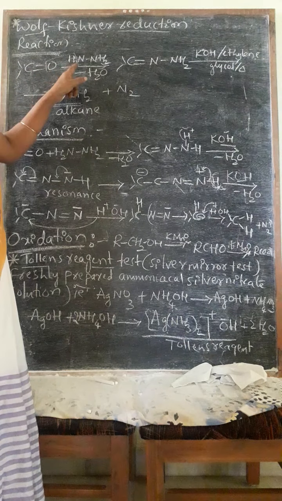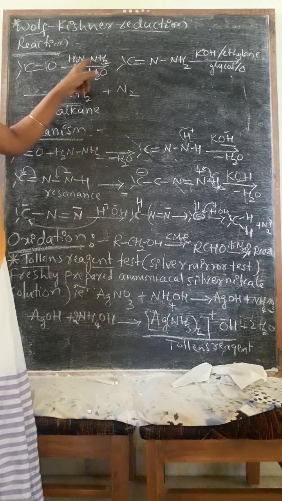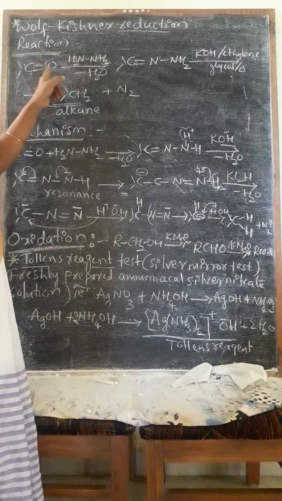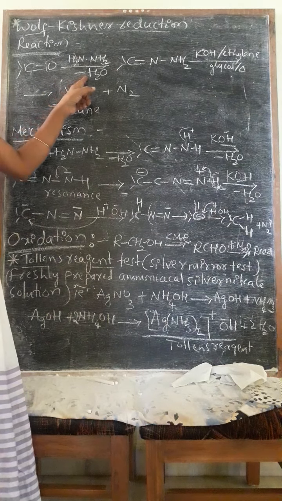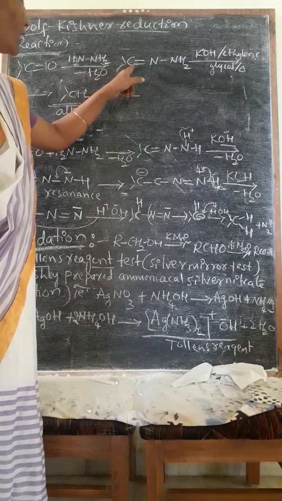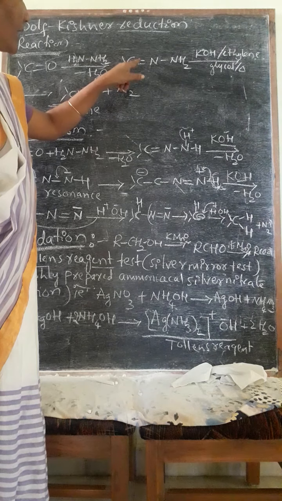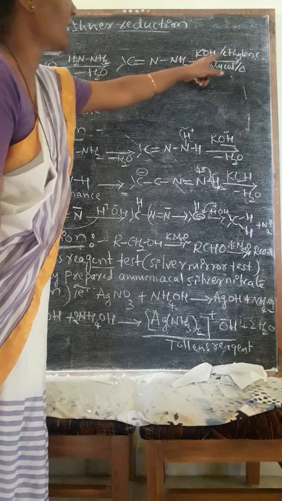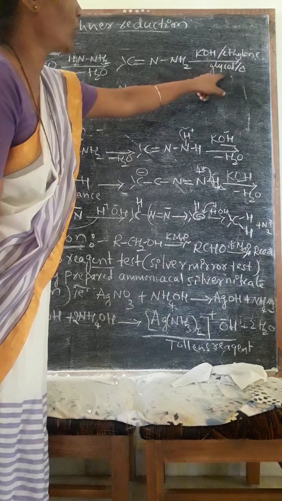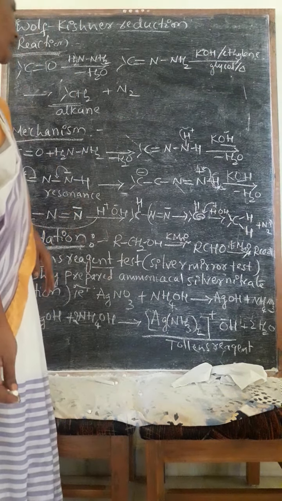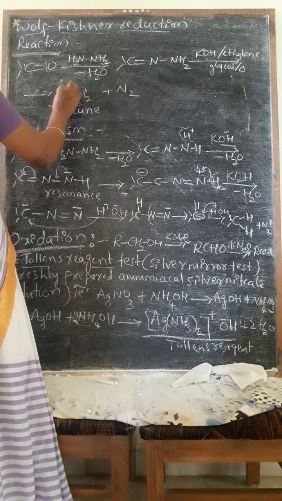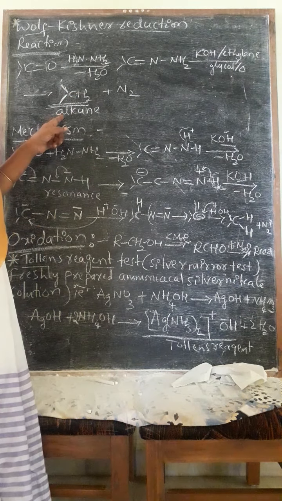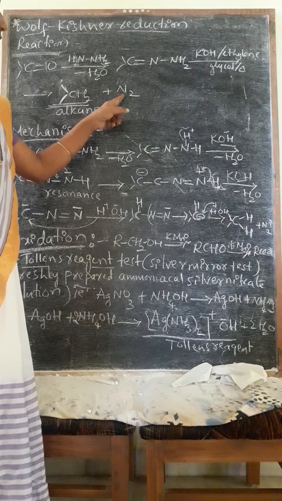The reagent used is NH2NH2, meaning hydrazine, and using hydrazine there is elimination of one molecule of water and an intermediate, hydrazone, forms. After that it reacts with KOH. The medium is ethylene glycol and a little heat is required. Finally we get the product called hydrocarbons or alkanes with the liberation of nitrogen.